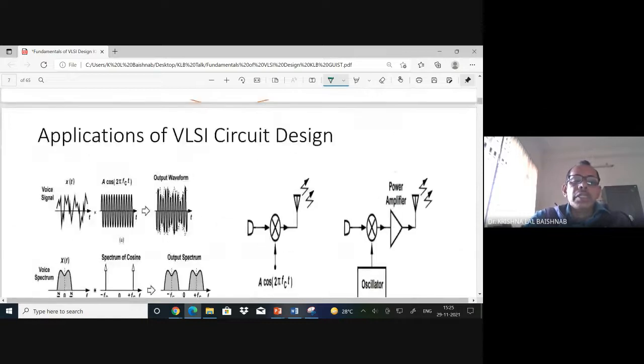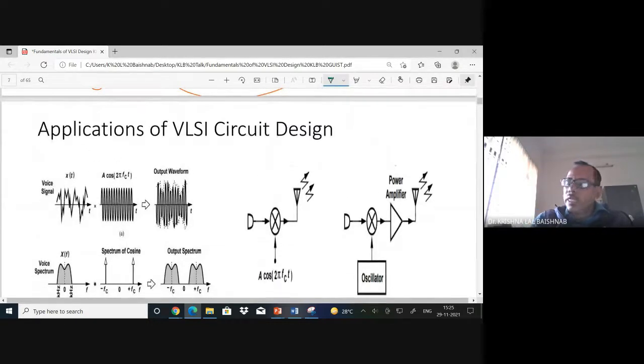Now, as I said, where we can put our analog circuit is basically in a transmitter and receiver. I've just shown you examples of what we are doing in communication. We studied and design our own circuits, in analog or digital or whatever.